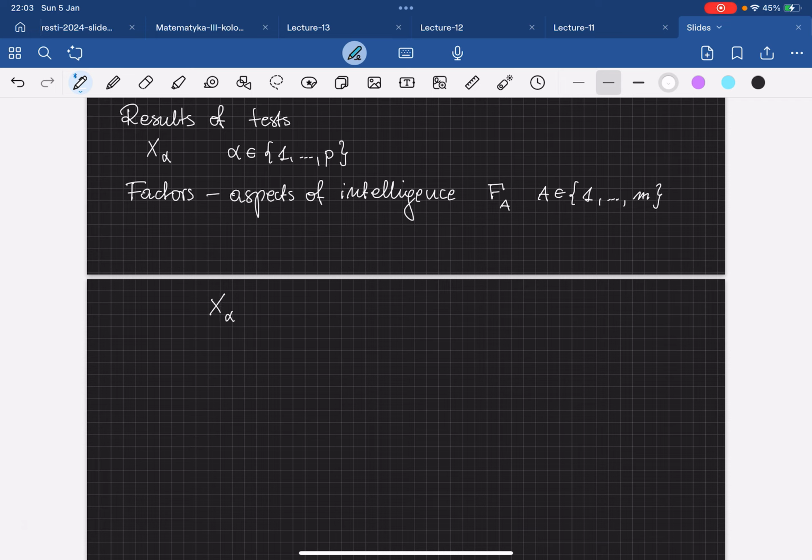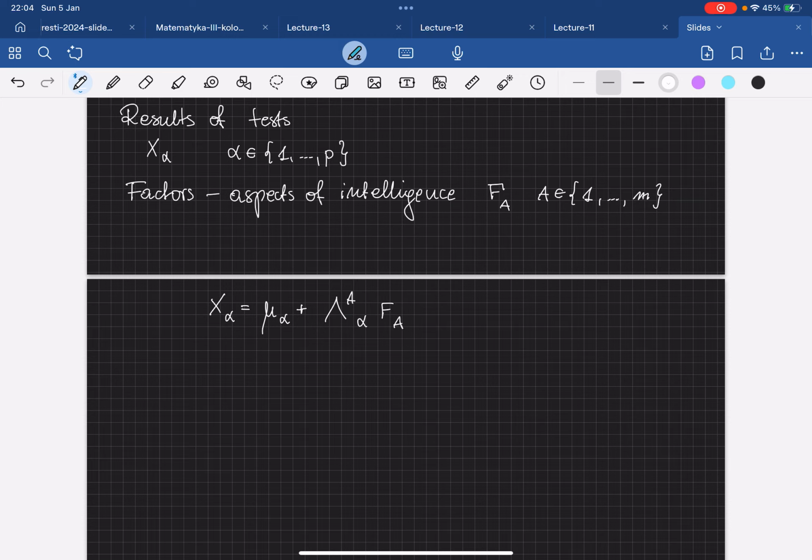each result of the test has, of course, its expectation value, and then can be expressed as a linear combination of those intelligence aspects. So there is a matrix here, lambda_A^alpha F^A.